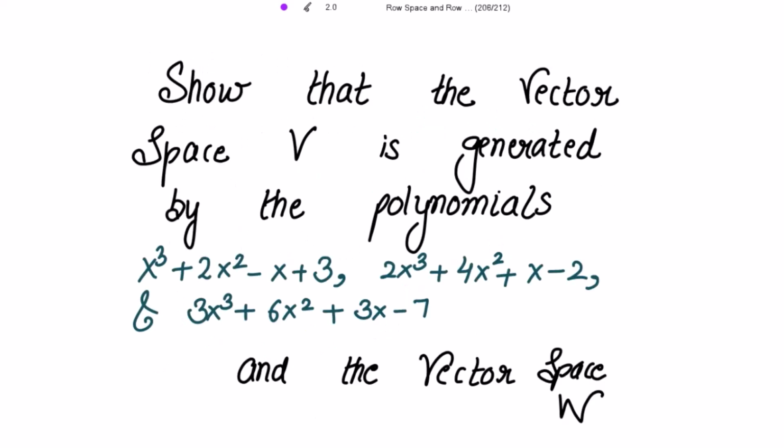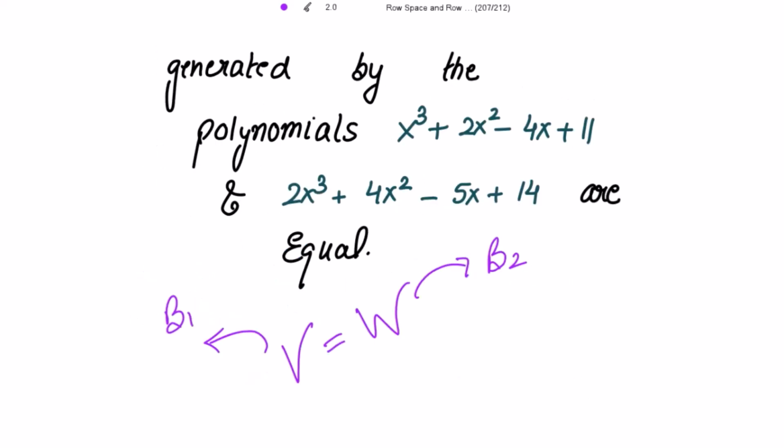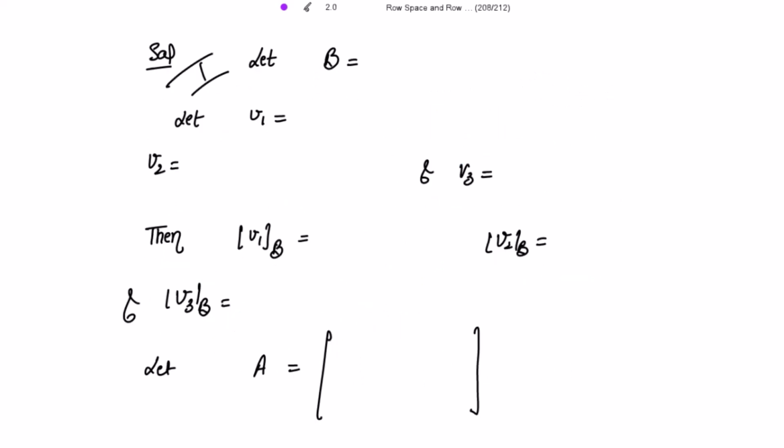Because here the degree of the polynomial is given to be 3, and here also the degree is 3, so let's write the basis as x cube, x square, x and 1, right?